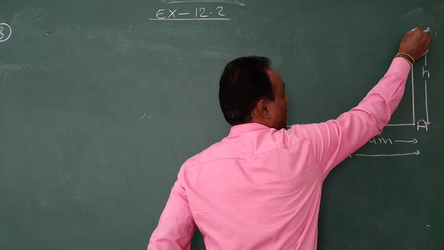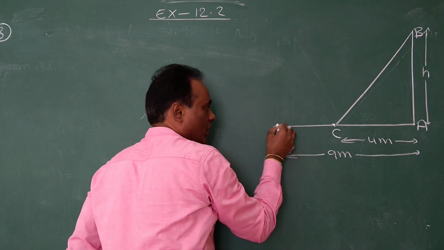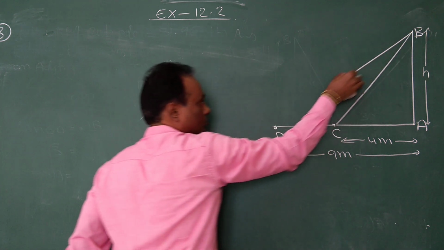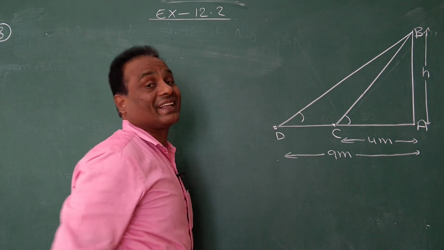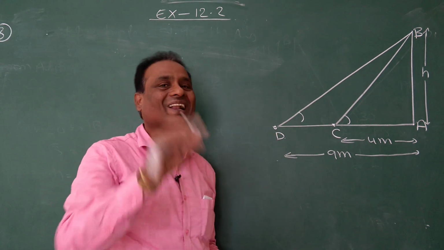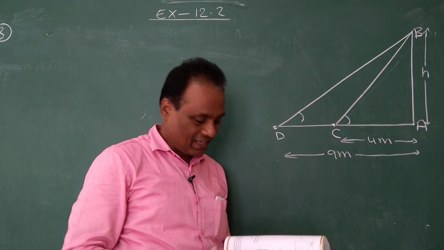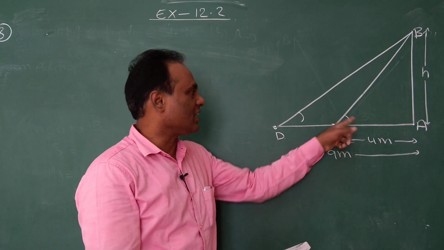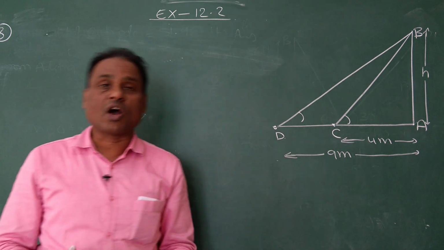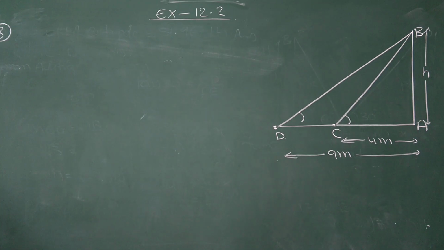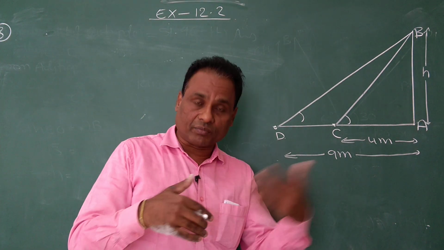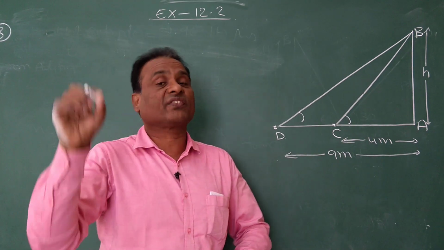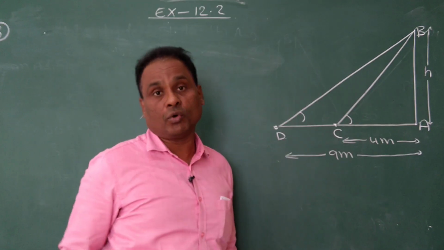The angles are complementary. Angles are not given. First time in this whole exercise, angles are not given. So they are complementary. Because the complementary concept is removed for this year's annual exam, the third exercise of trigonometry is removed.